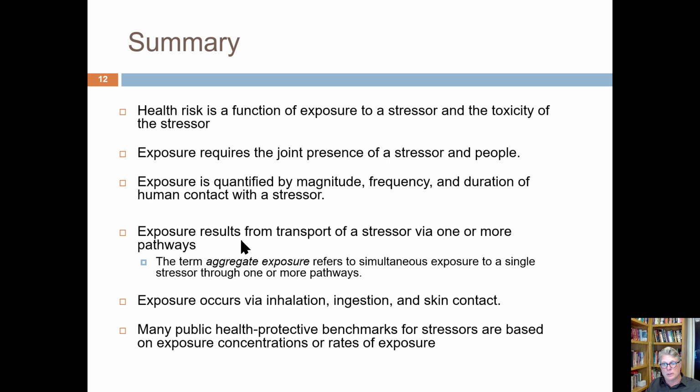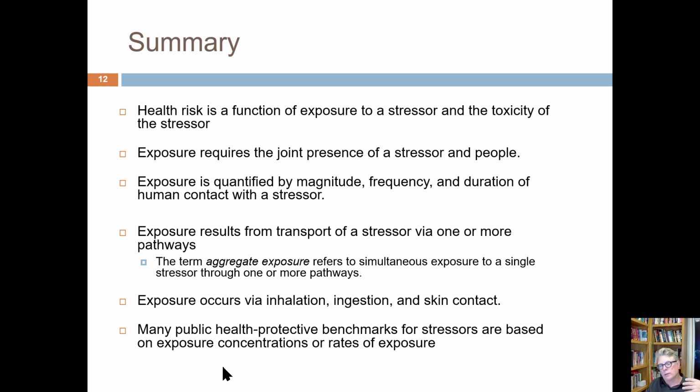Exposure results from transport of a stressor via one or more pathways. When people have simultaneous exposure to a single stressor through more than one pathway, we can add those up, and we refer to that sum as aggregate exposure. The routes of human exposure are inhalation, ingestion, and skin contact, so a complete pathway of exposure culminates with intake through one or more of these routes.